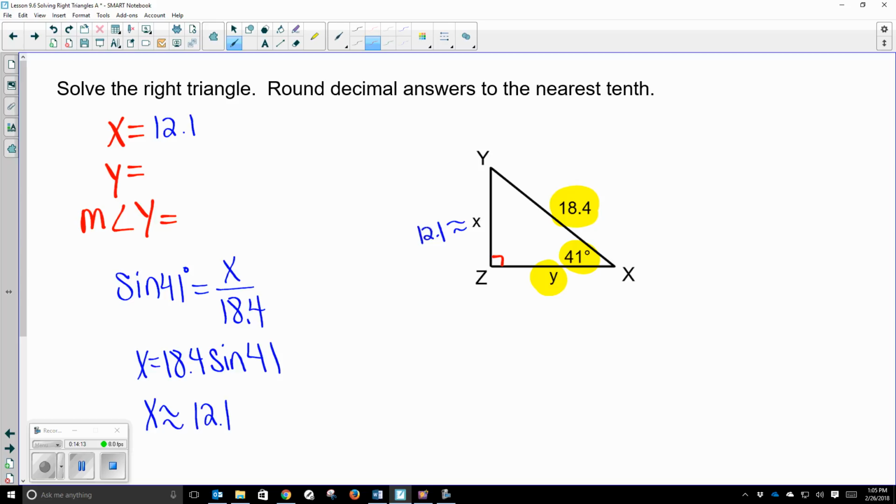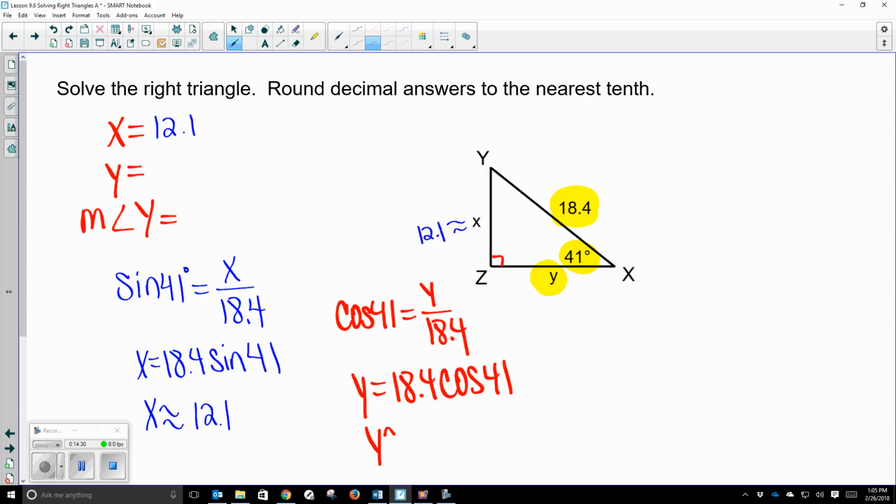So this would be cosine of the angle, because it's the adjacent side and the hypotenuse. And it's y over 18.4. So y is equal to 18.4 cosine 41. It's the same thing except for cosine instead of sine, because it's the adjacent side instead of the opposite side.